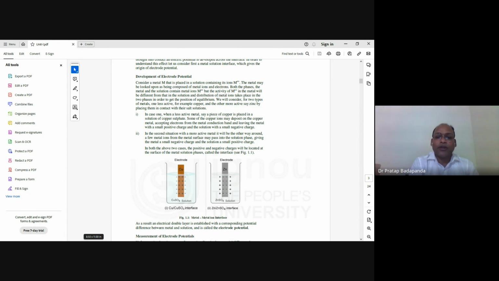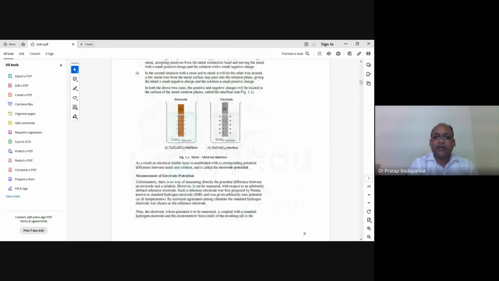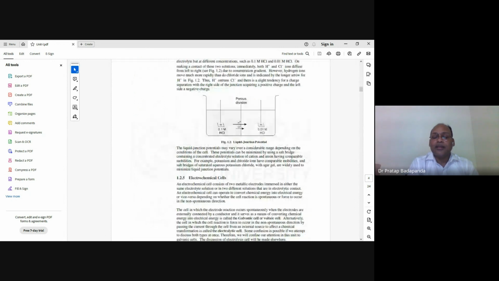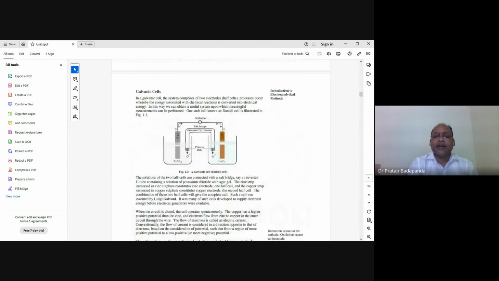If you go down the picture, here in this galvanic cell, on the right side there is copper and on the left side there is zinc. When copper has donated 2 electrons to the sulfate ion, copper is a deficient species.